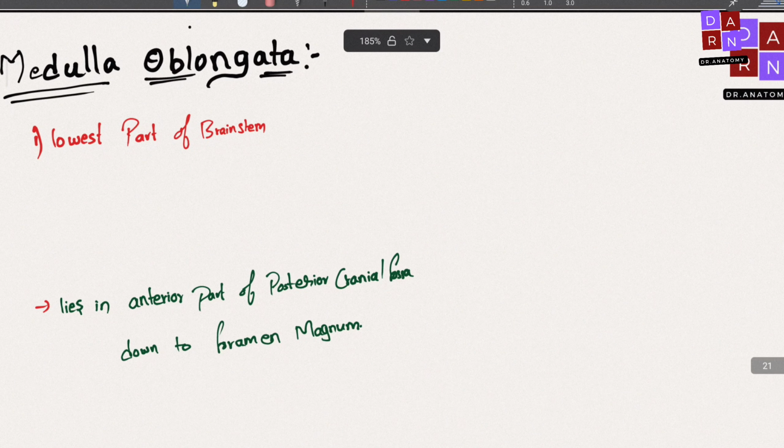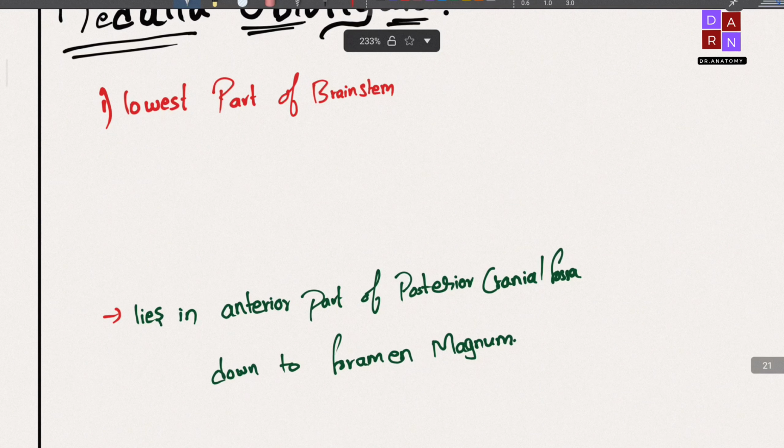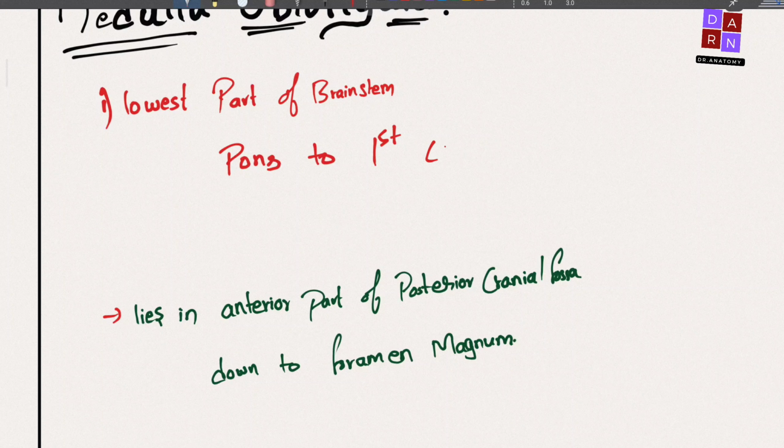It extends from the lower border of the pons to the first cervical nerve from the spinal cord.